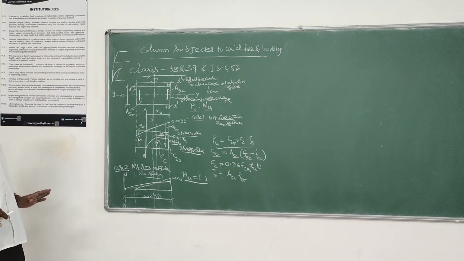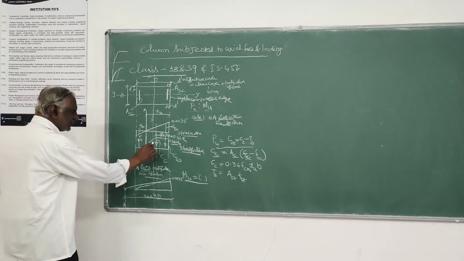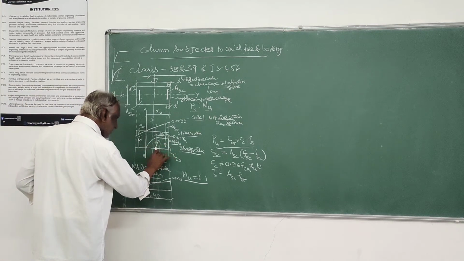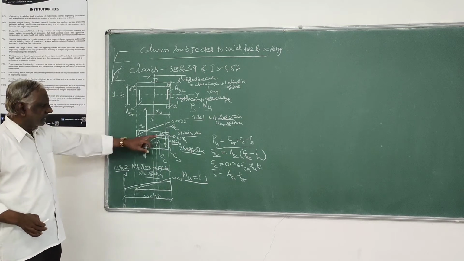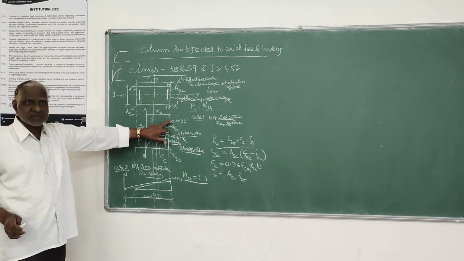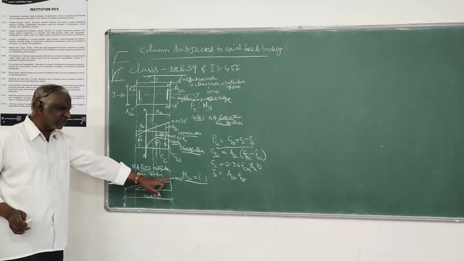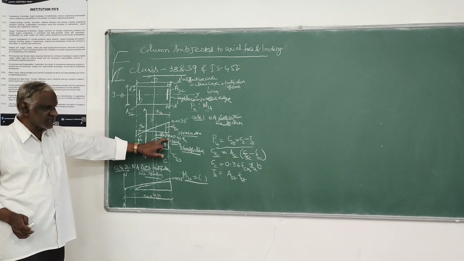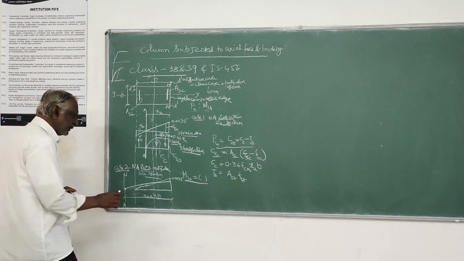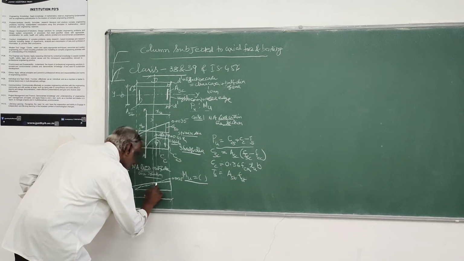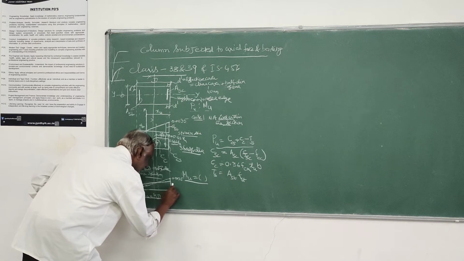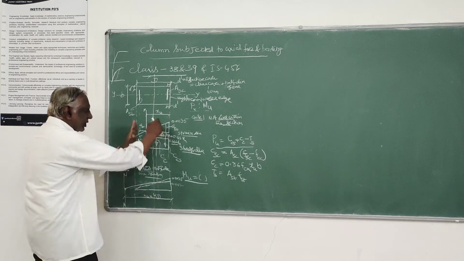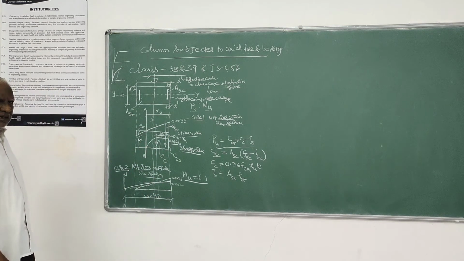Strain is not at all constant. The stress 0.446 FCK corresponds to 0.0035. That has not reached here now. Corresponding to this, the strain will be 0.002, where the variation of stress will be linear.